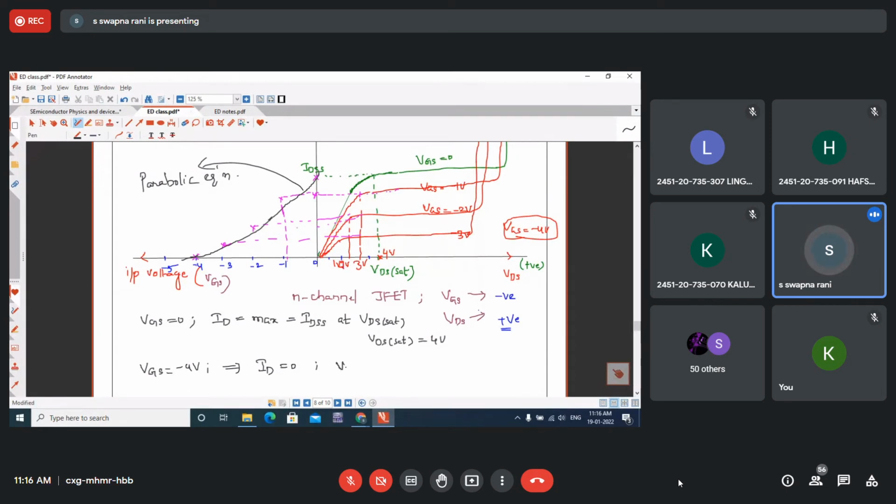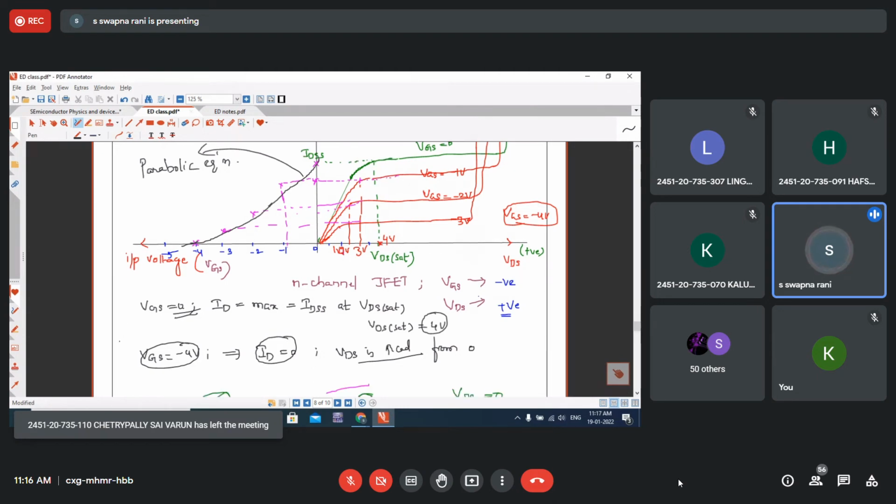So whatever the VDS is, even if VDS is increased from 0, drain current will remain at 0. In one case, 4 volts of VDS is needed for pinch off. In the other, if you give -4 volts at VGS itself, then whatever you give for VDS, the drain current will be 0. So in both cases we say that the channel is pinched off.